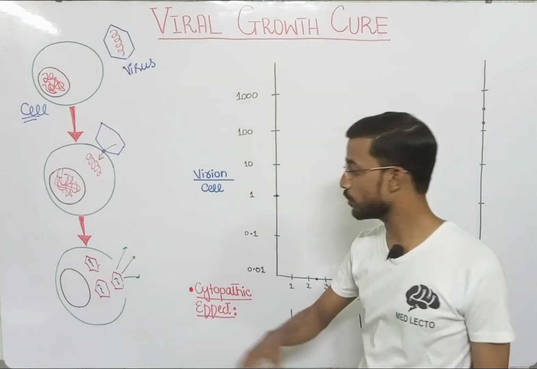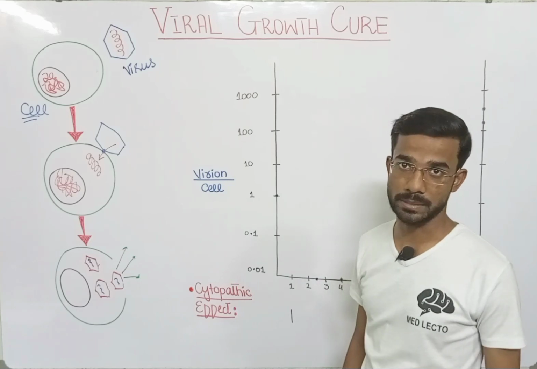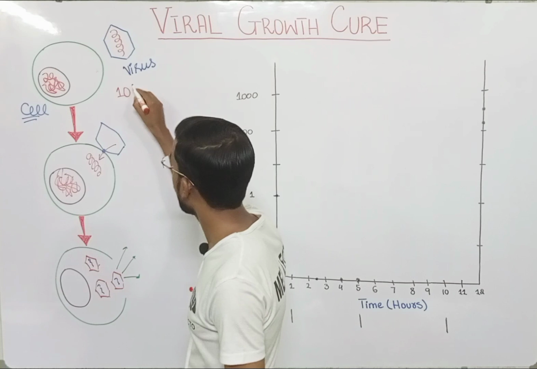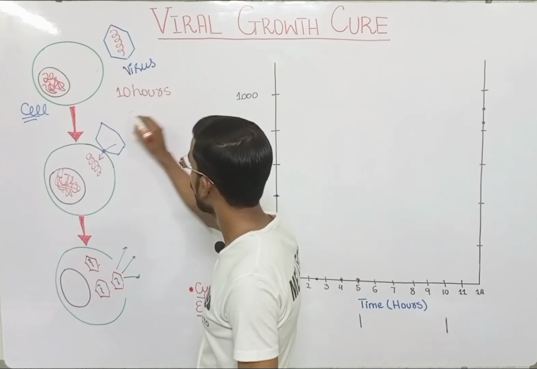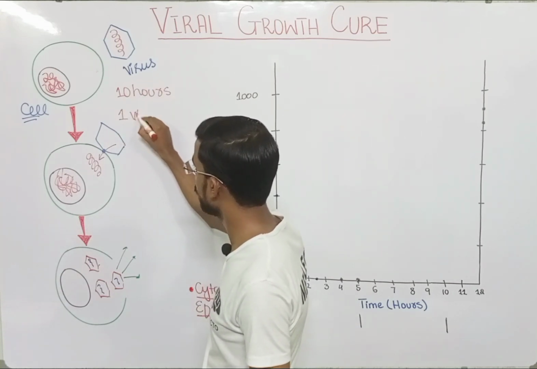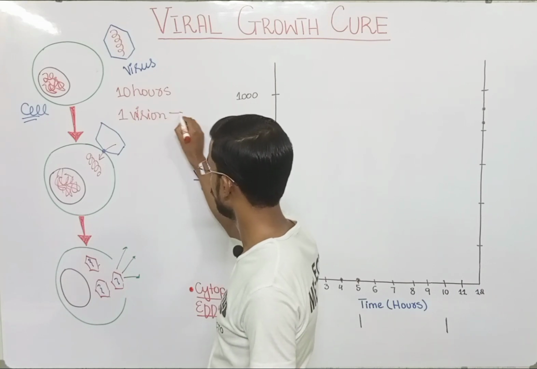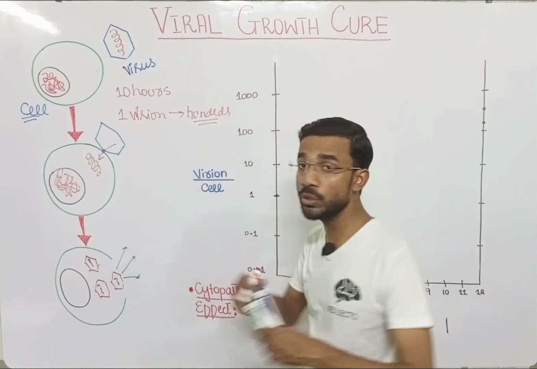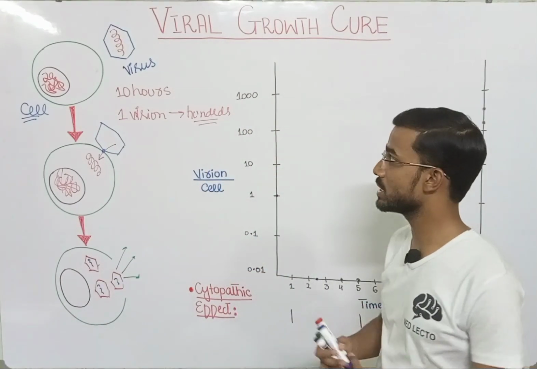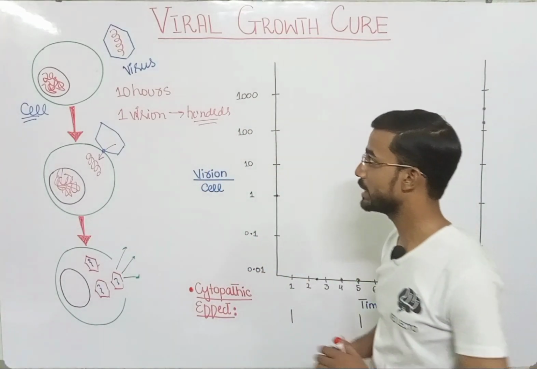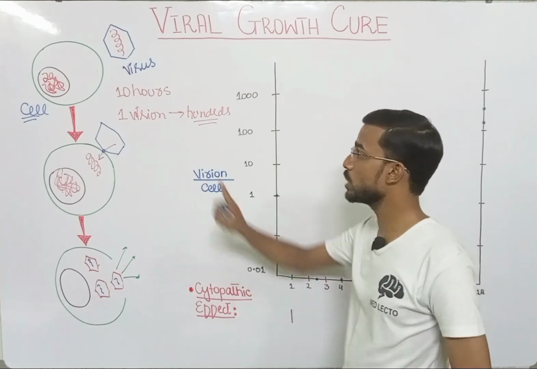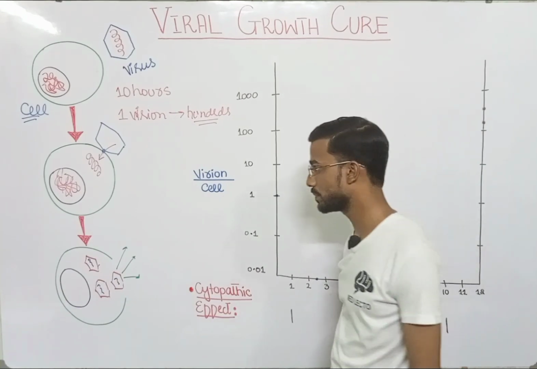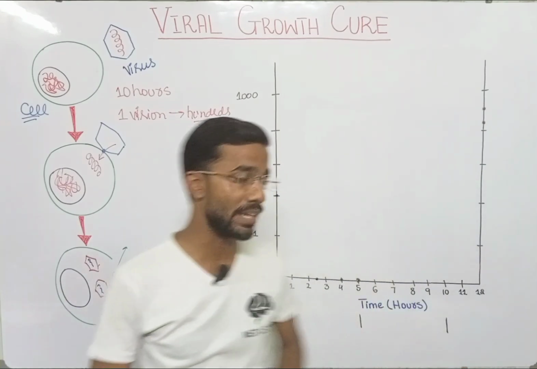After its replication, you see a lot of viruses. Approximately, in 10 hours, one virus, or virion, produces hundreds of new virions. So this is the general case of how a virus infects the cell.